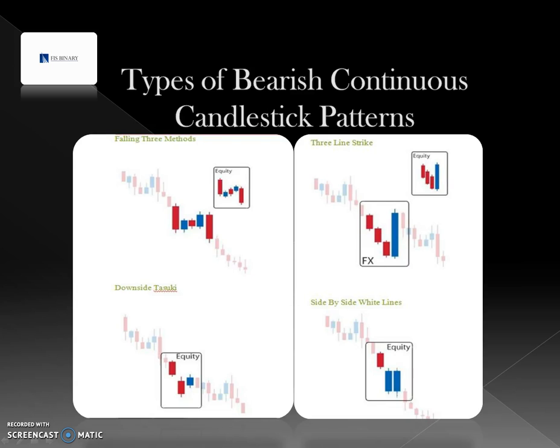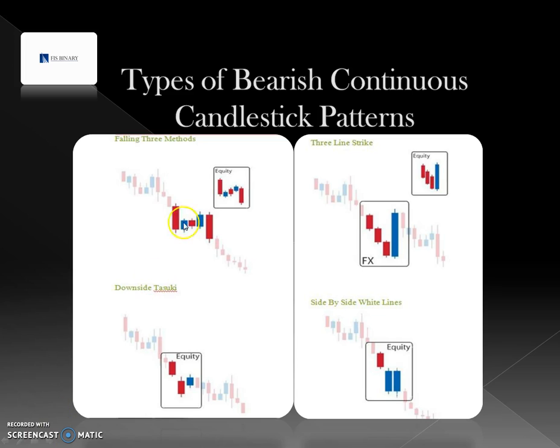The bearish continuation patterns are patterns that form whenever an existing downward trend is in play, and it implies that the market is going to continue in that particular downward trend for quite some time.